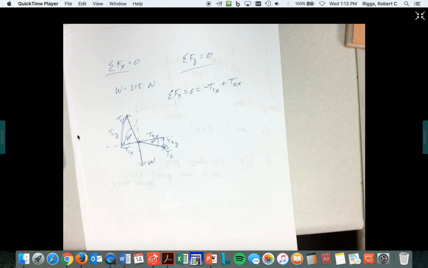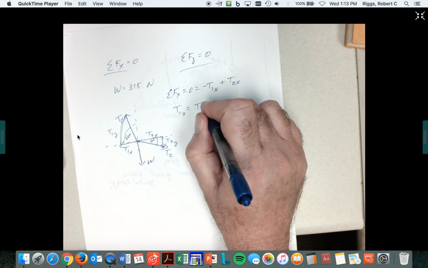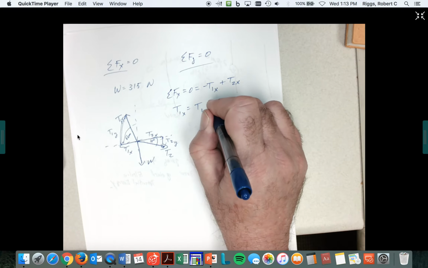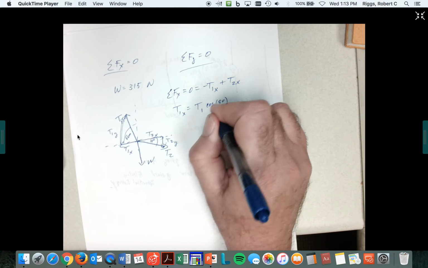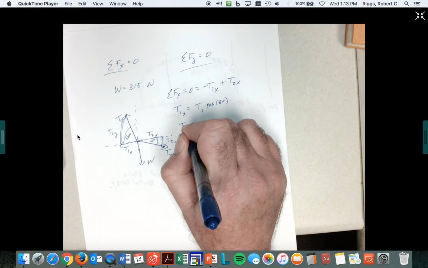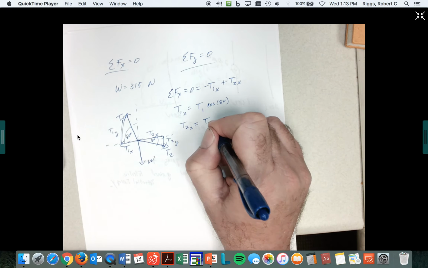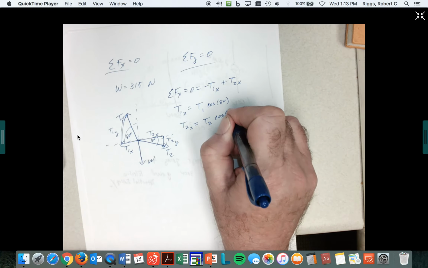T1x is equal to T1 times the cosine of 80. T2x, and these are the magnitudes, is equal to T2 times the cosine of 10.